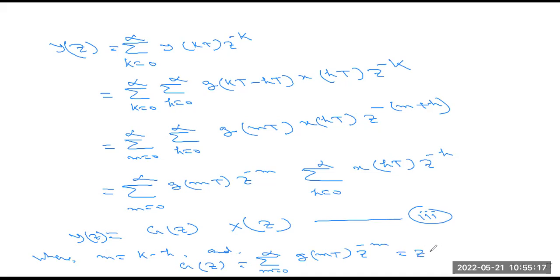This is called the z transform of g of t. Up to this part it is clear, all of you? Please respond. Is it clear or not? No one has confirmed.